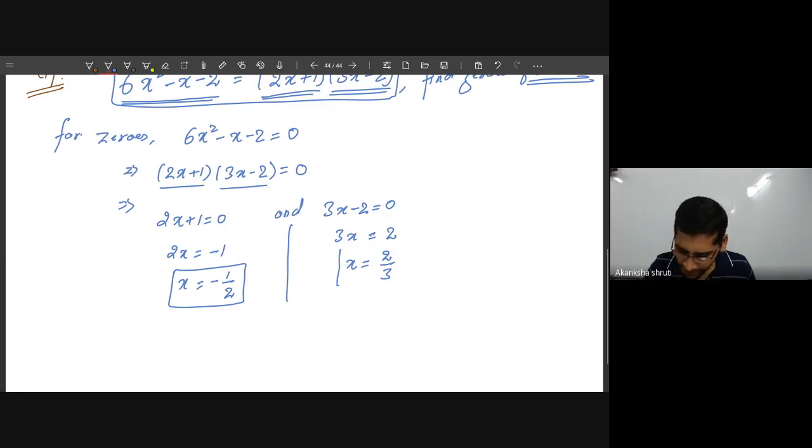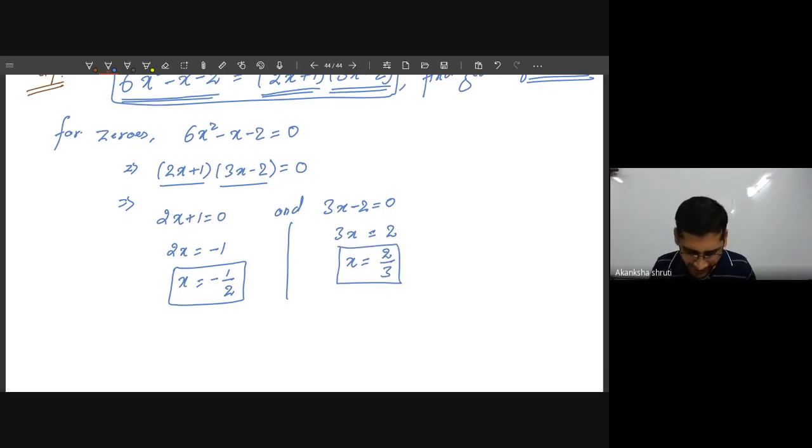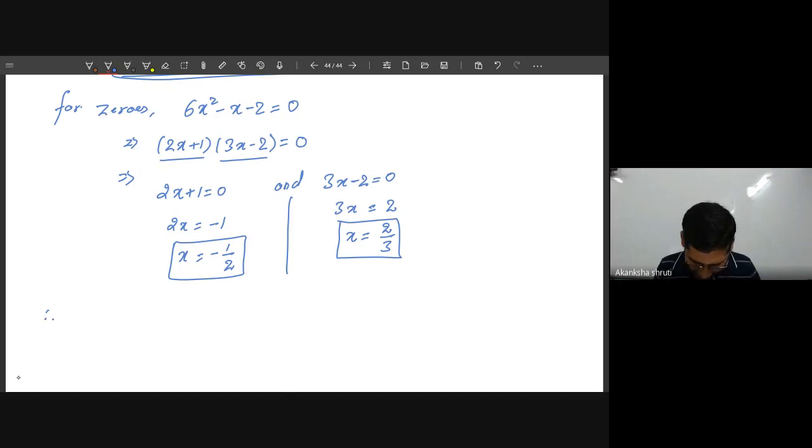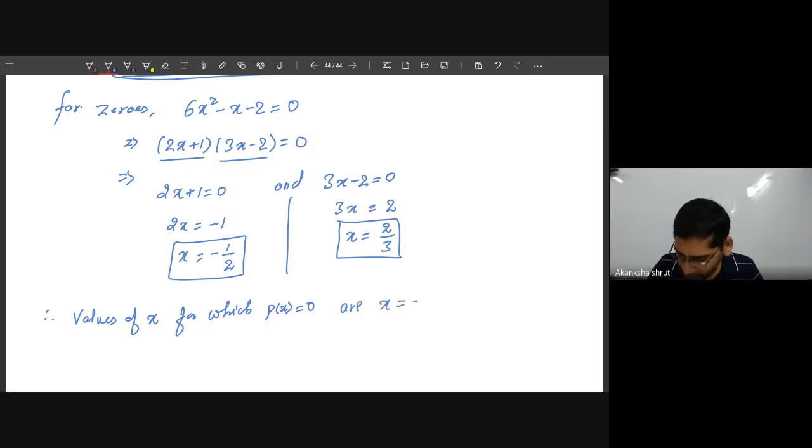So therefore, what are the values of x? Minus 1 by 2 and 2 by 3. Very good. The x for which this p(x) is equated to 0 are x equals minus 1 by 2 and 2 by 3.